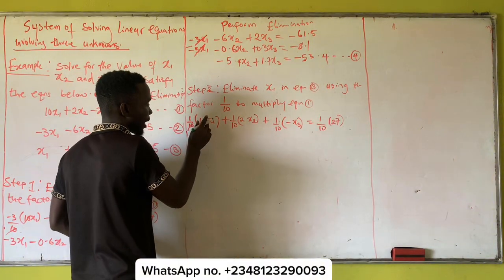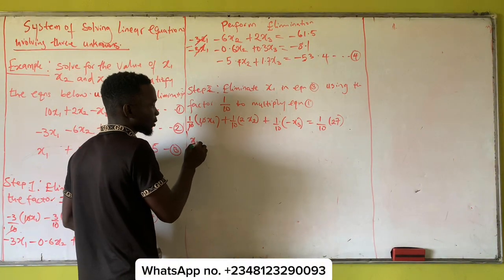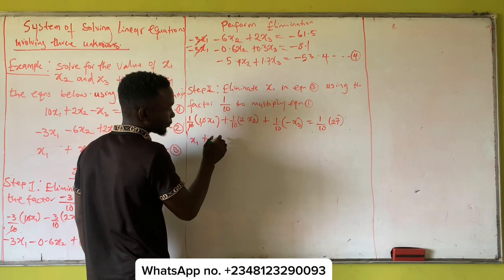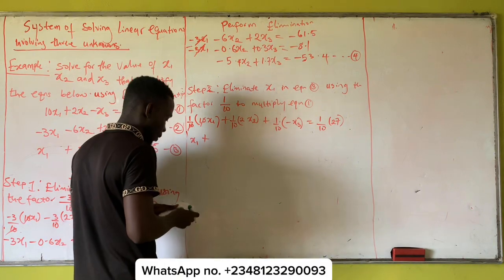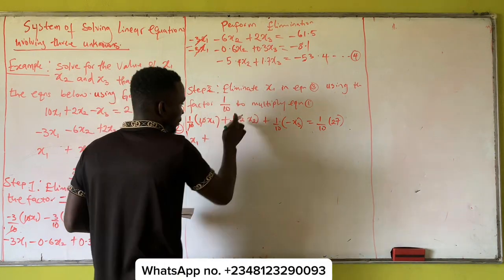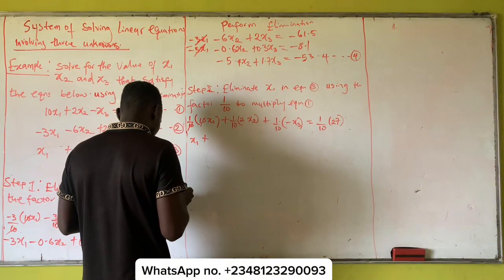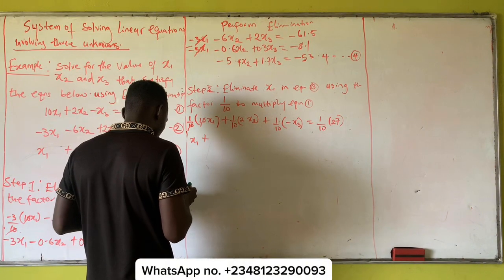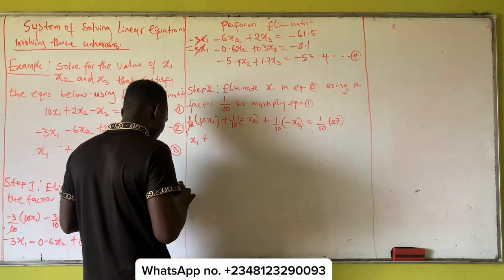10 cancels 10 here. x1 times 1 will give us x1, plus 1 all over 5. This gives us 2 over 10, which is the same thing as 1 all over 5.